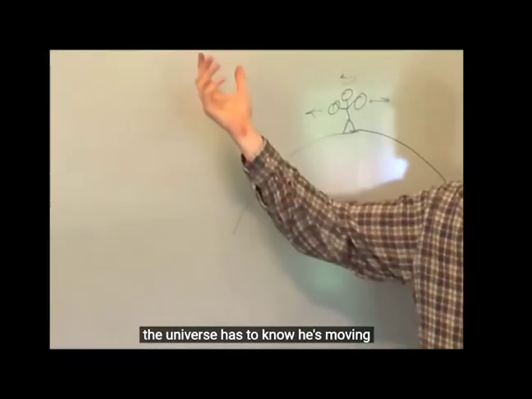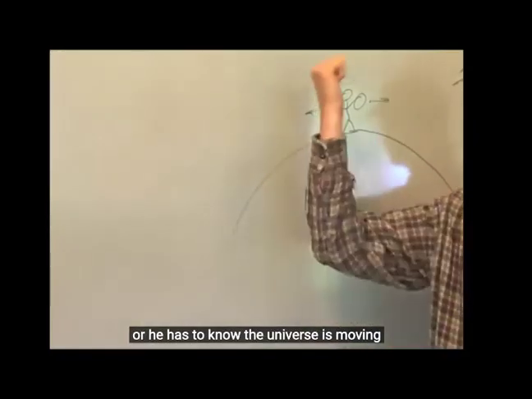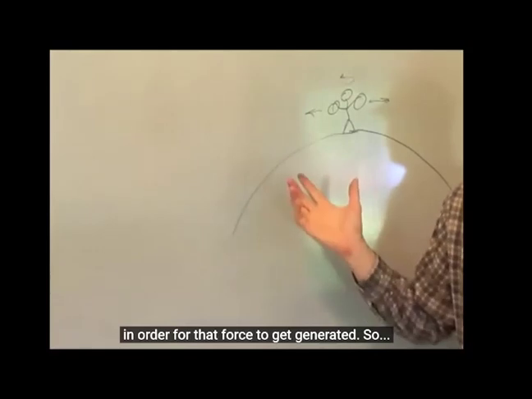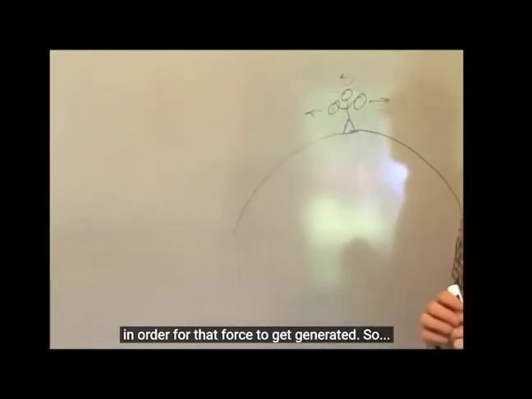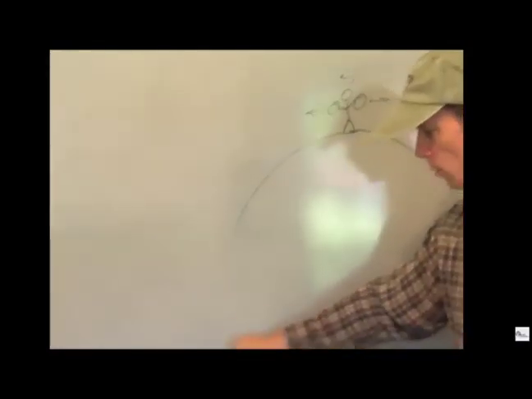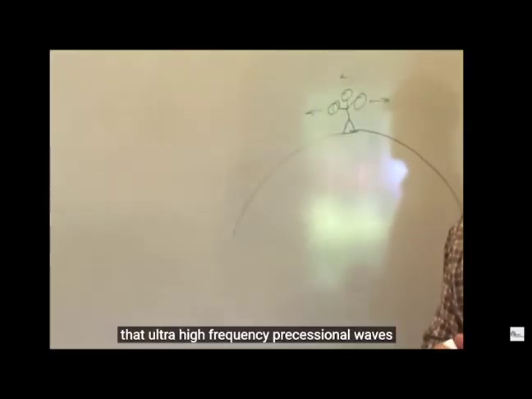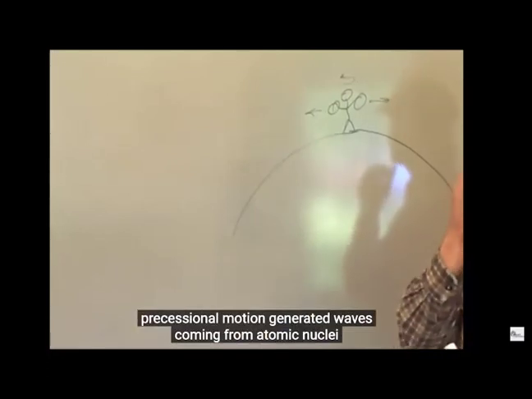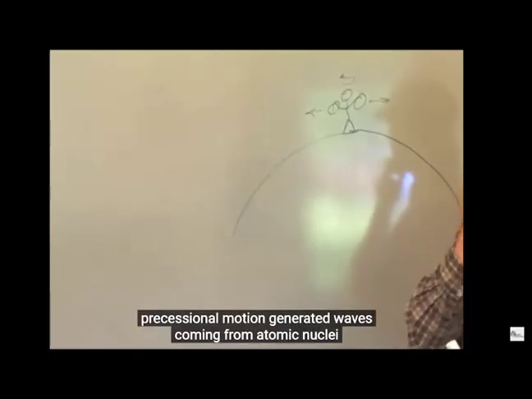Somehow the universe has to know he's moving, or he has to know the universe is moving, in order for that force to get generated. So my conjecture is that ultra high frequency precessional waves, precessional motion generated waves, are coming from atomic nuclei.